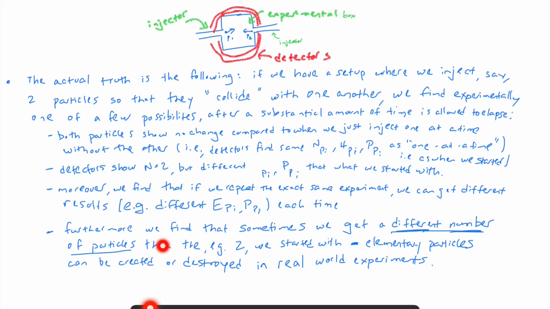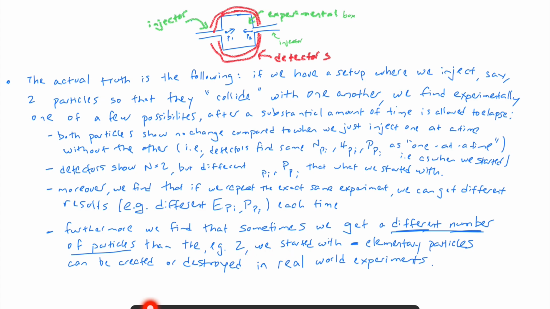Finally, which is somewhat remarkable, but absolutely an experimental fact, is that we can sometimes find that even though we started with 2 particles in our injectors, and we injected 2 particles, you can actually get a different number of particles. You can get a different N, like 4 or 3 or something different than, for example, the 2 we started with.